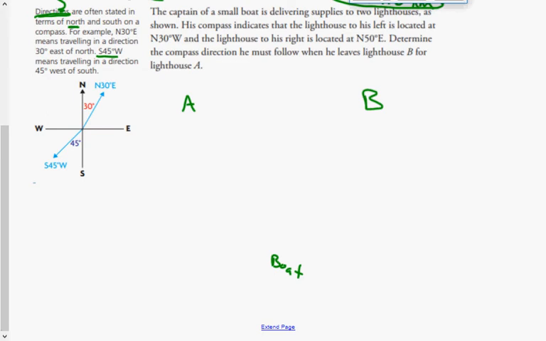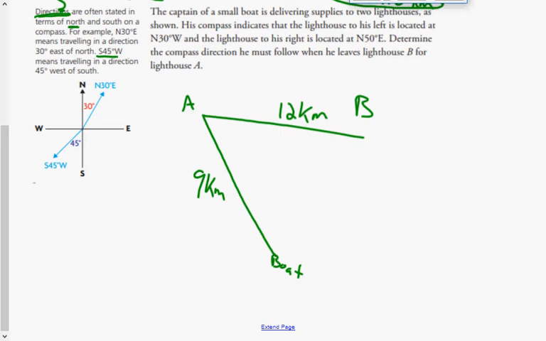Now the information given to us is that we also know the distance between the 2 lighthouses. Here's B. The distance between the 2 lighthouses is 12 kilometers. And the distance from the boat to lighthouse A is 9 kilometers. And we don't know the distance here.